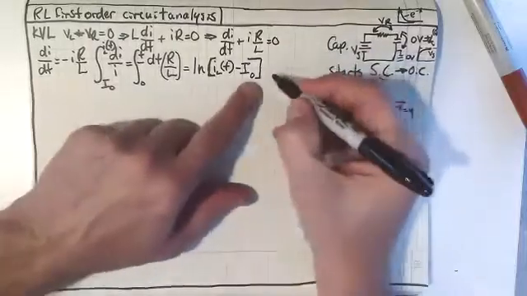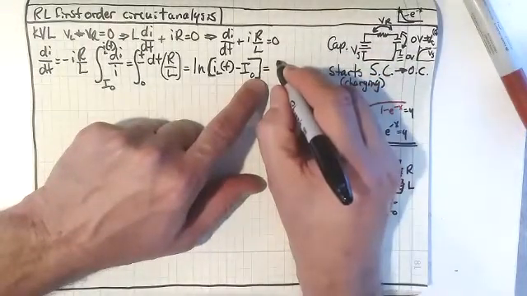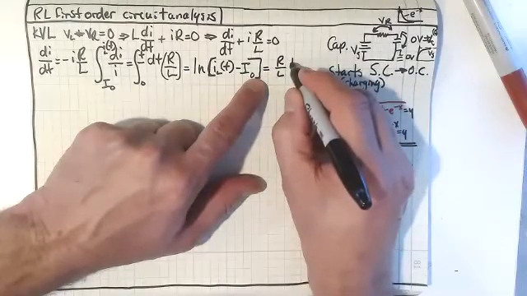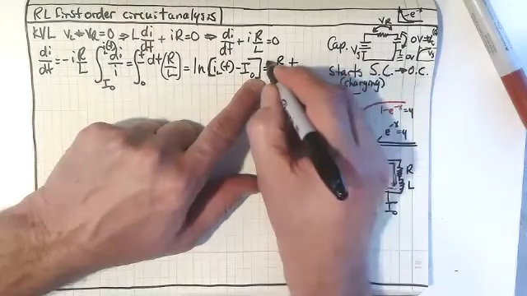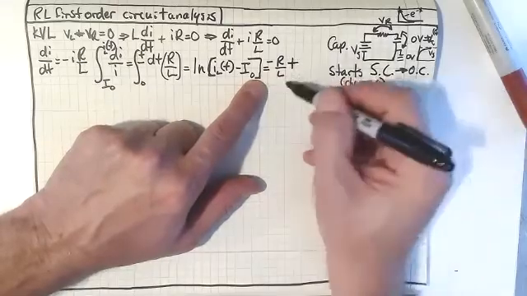Yep, that's right, equals minus R over L times t.